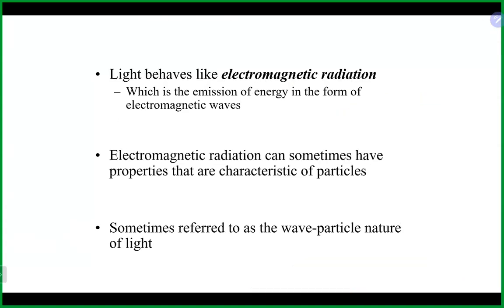Light behaves like electromagnetic radiation, which again is that energy that's moving through space in the form of waves. When we talk about waves, and we talk about particles like electrons, and we talk about light, they're sometimes referred to as the dual nature of light. A lot of experiments have found the idea that particles like electrons can have wave-like functions, and waves can have particle-like functions.